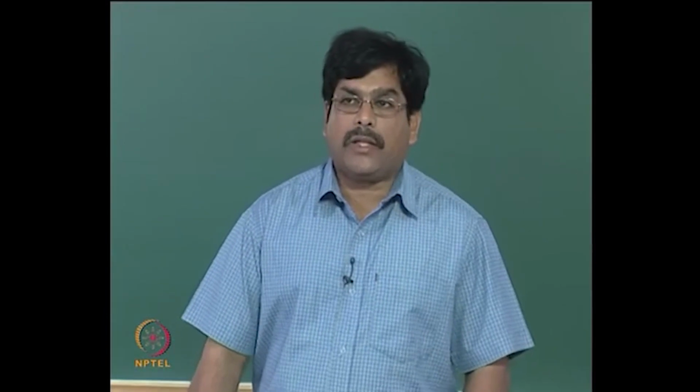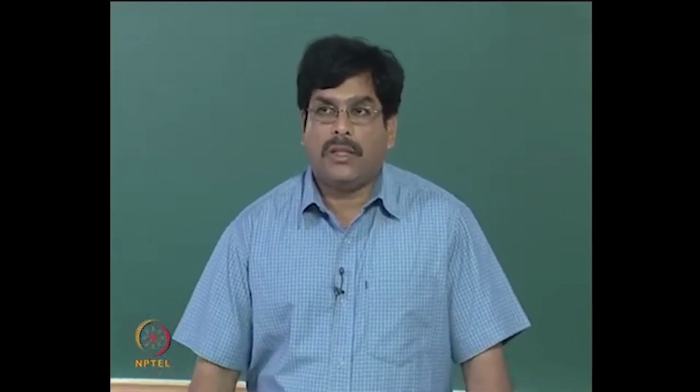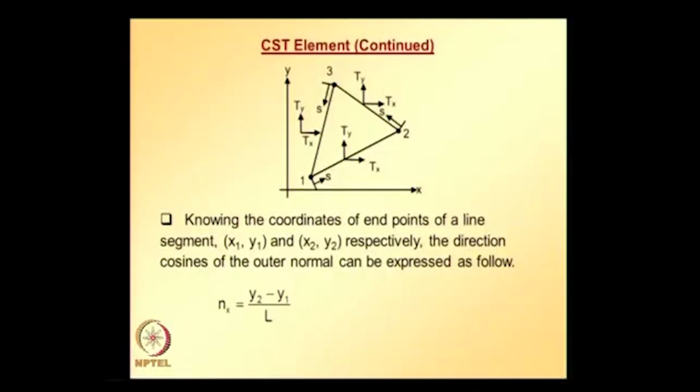With that information we can easily calculate the direction cosines of the outer normal to edge 1 2. Using this relation nx can be calculated, and using this relation ny can be calculated, where L is the length of the line segment joining nodes 1 and 2, which can also be calculated from the nodal coordinates.